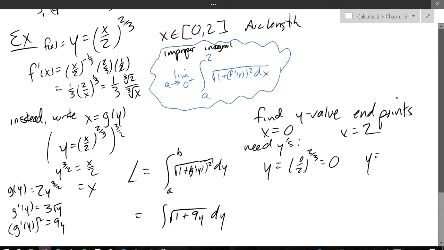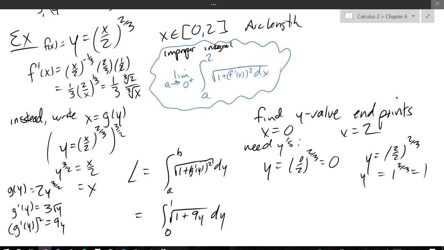So that's the one you should worry about, but my point is you don't need to worry about it right here. Alright. y equals 2 over 2, to the 2/3 power. And we have 1 to the 2/3, which is 1. And what's the 1 that we have to worry about? 1 to the infinity? That's the one we've got to worry about. Alright. So we've got 0 to 1. This problem was designed to be a dy problem, not a dx problem. Oh, it's time to go.